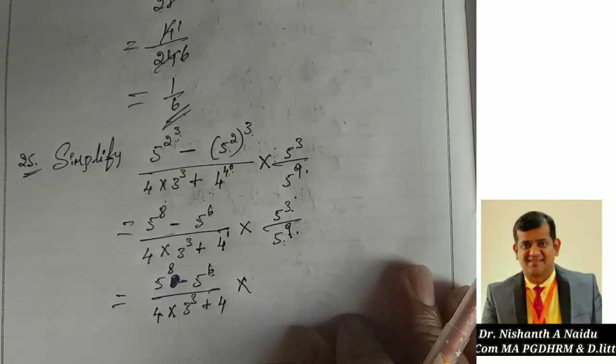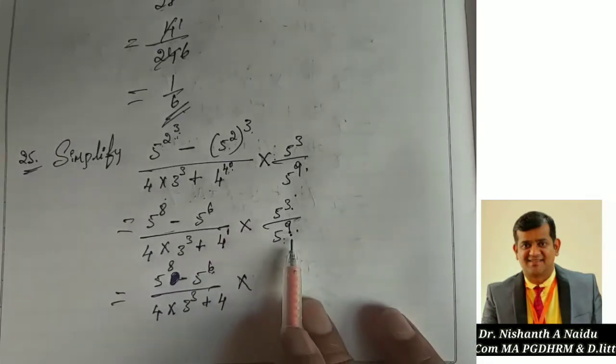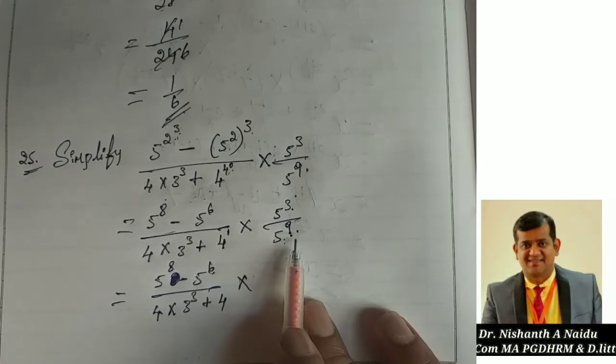Yes. So that is the seventh law. I have explained it clearly. Whenever the base values are the same and the denominator's power value is greater, then we are going to bring it down. Clear?